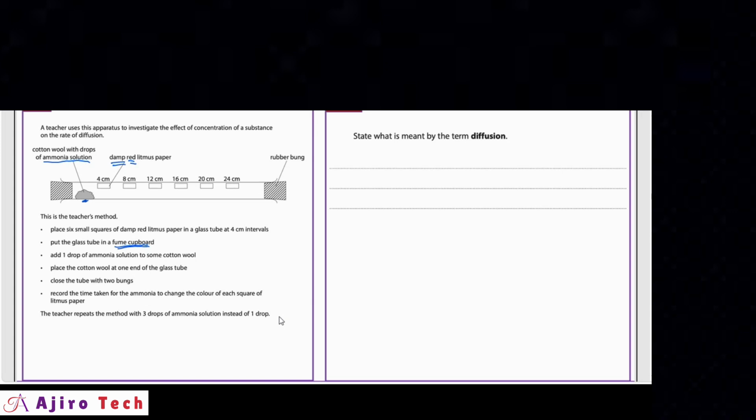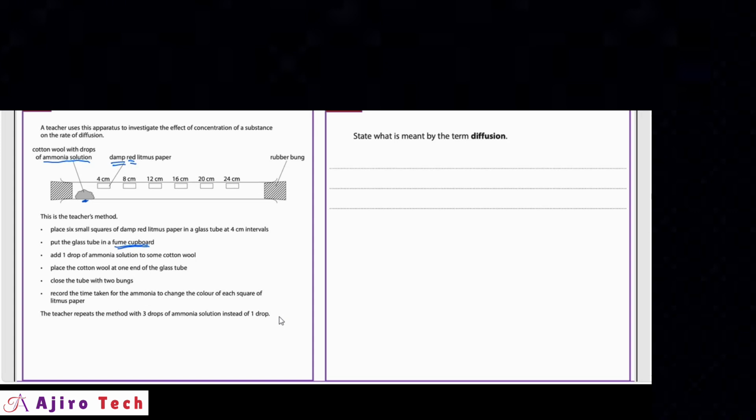So add 1 drop of ammonia solution to some cotton wool. Cotton wool is an absorbent material. It absorbs ammonia. You may be thinking, why can't we just get a small container, put the ammonia inside and put it inside this long cylindrical tube that we are using? We can't do that because we are carrying out an investigation of diffusion.